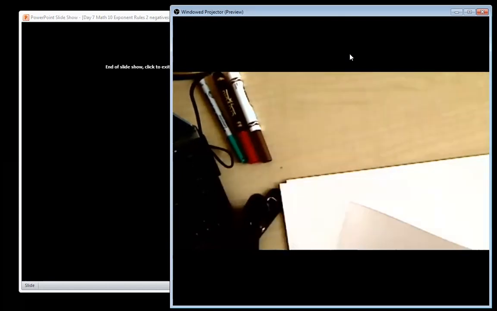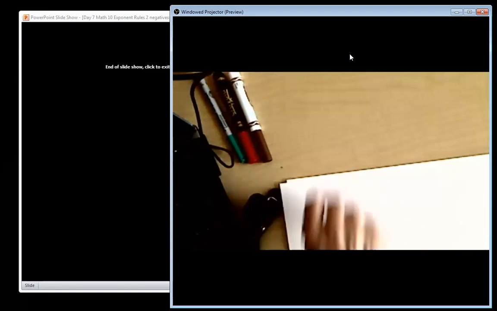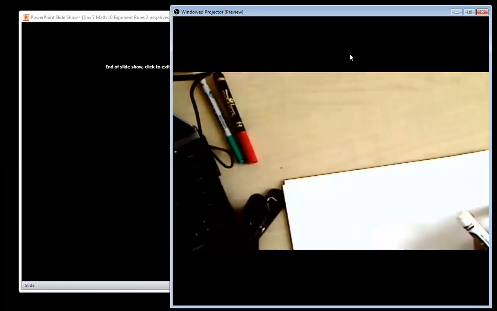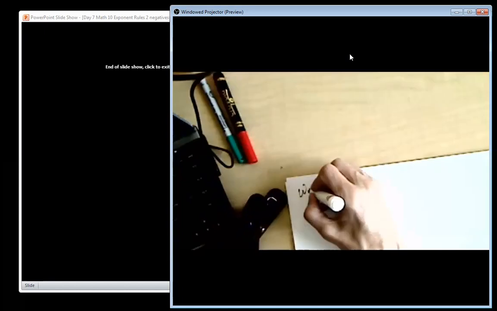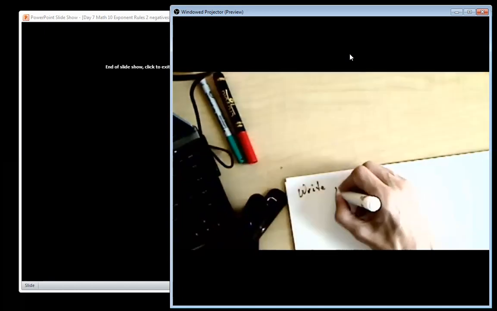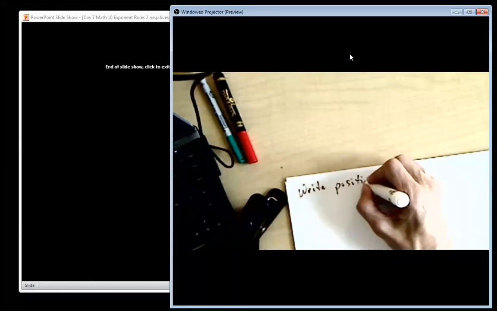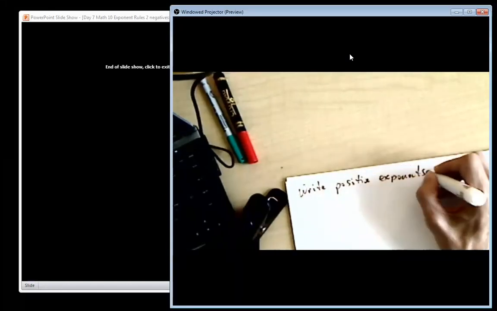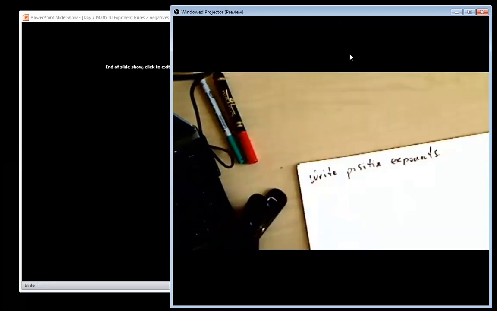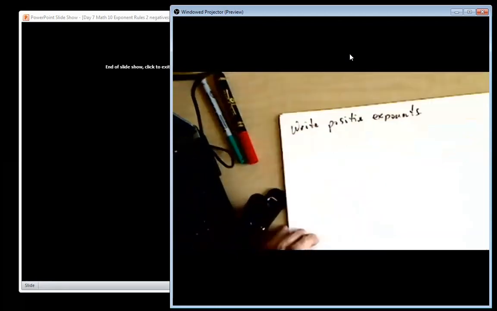Let's do one that looks like this. As before, write with positive exponents, okay? So what's it going to look like? Well, it's going to be on the screen, first of all.